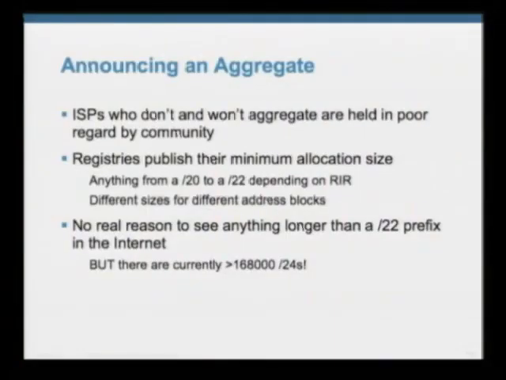Registries generally publish the minimum allocation size, so it can be anything from /22 to /20, depending on the registry. So you'd think that apart from multi-homing and traffic engineering, you won't see many prefixes longer than a /22. Guess what? There are more than 168,000 /24s, more than half the table. /24 seems to be the minimum that will reach everywhere.